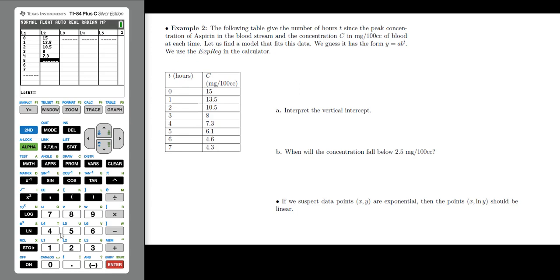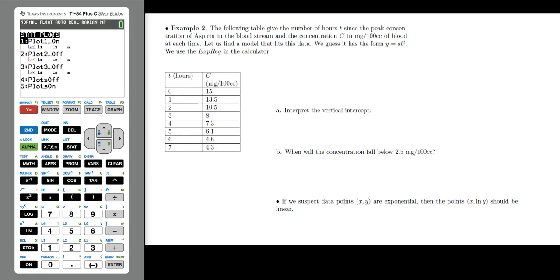And then you can see in the question they're telling us that we should look at this data as exponential data, but let's first take a look at the scatter plot ourselves to see if we agree with that. We'll make sure, again, our stat plot is on. List 1 and list 2 are what we're looking at. So remember, to zoom in on this data, we hit zoom stat.